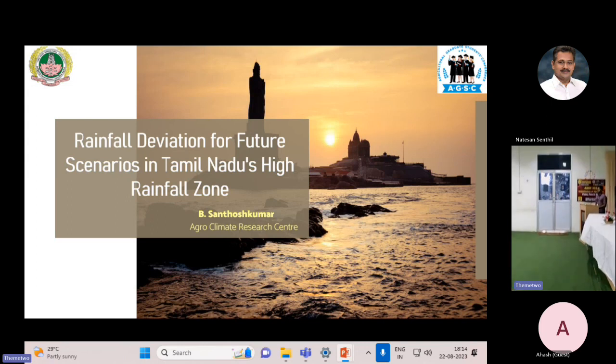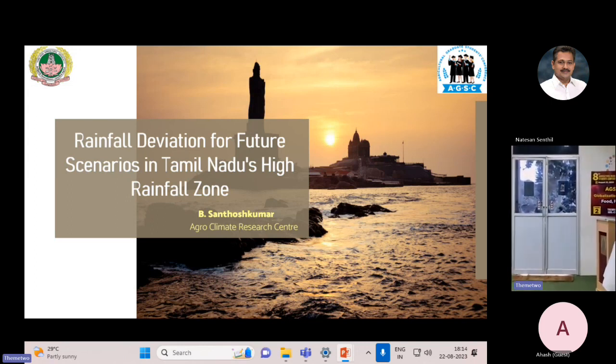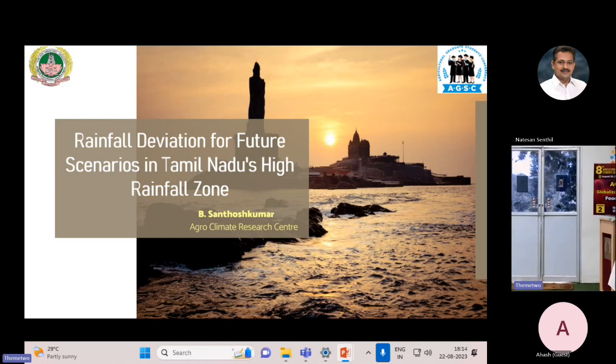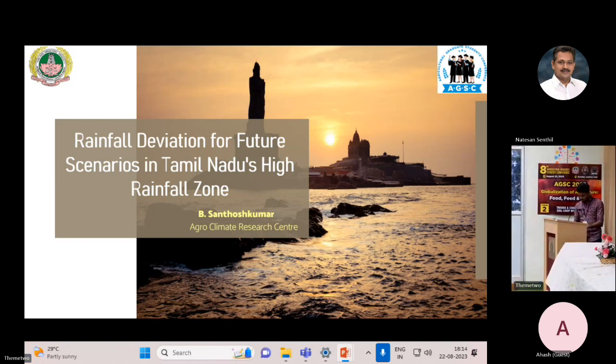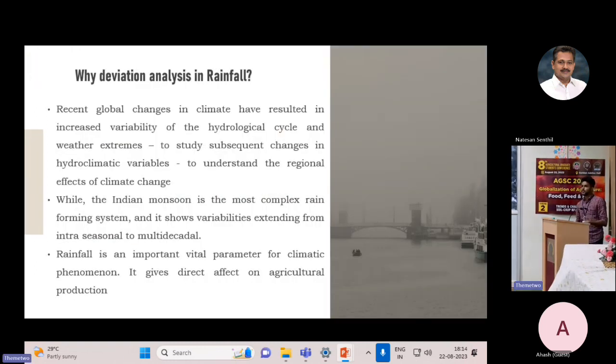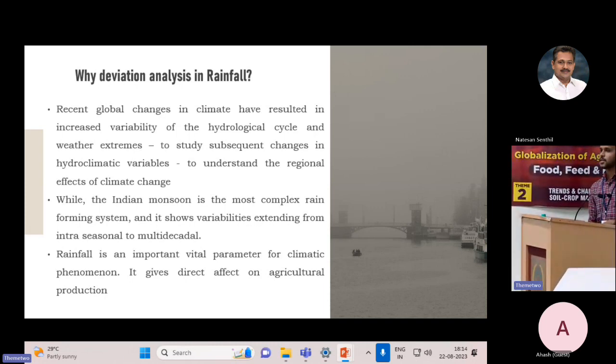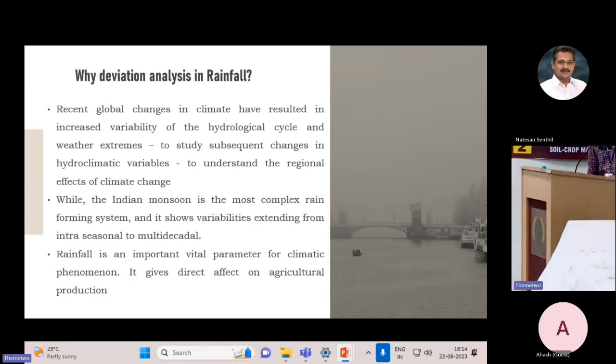Good evening, one and all present here. My study is about rainfall deviation for future scenario, especially in the high rainfall zone. Why I have taken rainfall deviation in the study is that rainfall is the major factor for agriculture production.